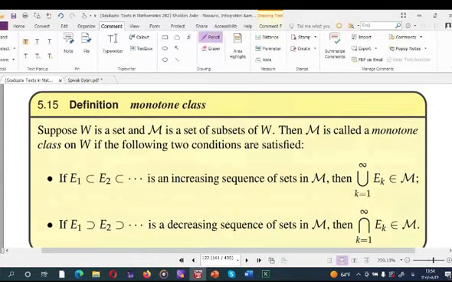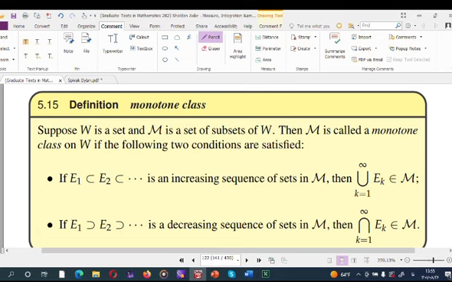And we have the definition of monotone class. Suppose W is a set and M is a set of subsets of W, so that M is a subset of the power set of W, P of W. Then M is called a monotone class on W if the following two conditions are satisfied.